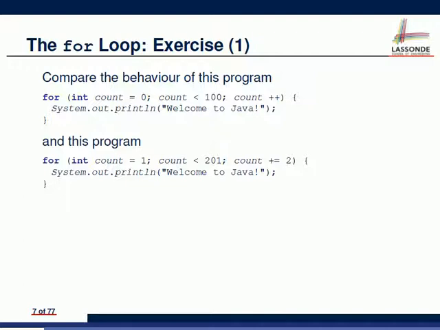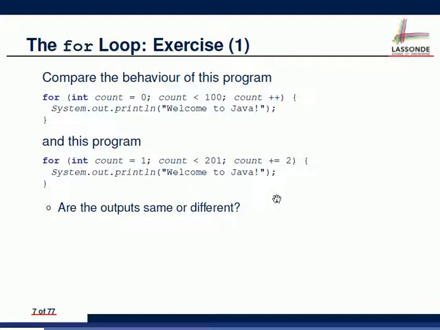Here we have integer count initialized to be 1 rather than 0, and then we say count is less than 201. The way we update the loop counter, rather than count++, is count += 2. So for example, initially 1, and then 3, and then 5, and then 7, etc., until we get to a value that is larger than or equal to 201. So now the question is, do you think these two fragments of code are going to print out the same thing?